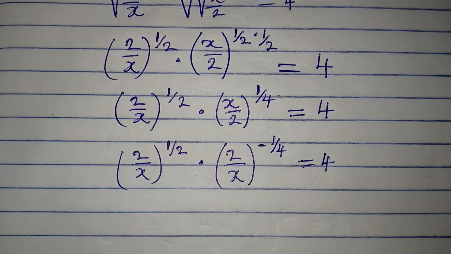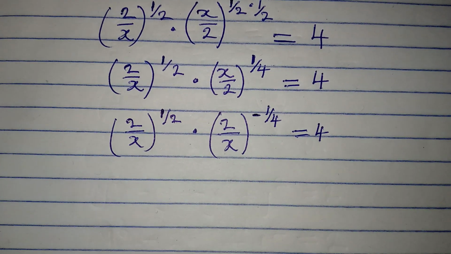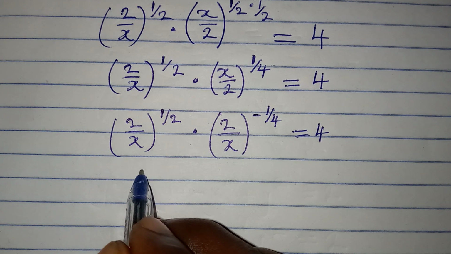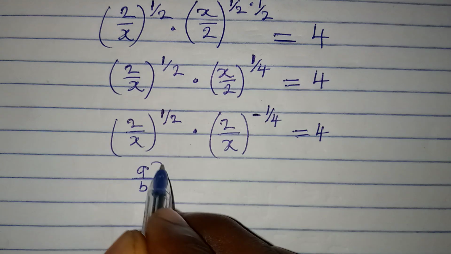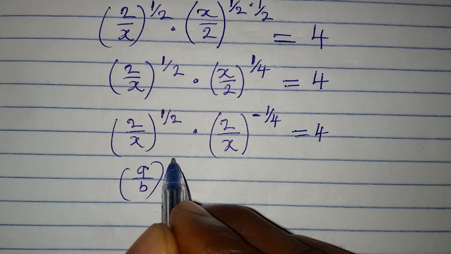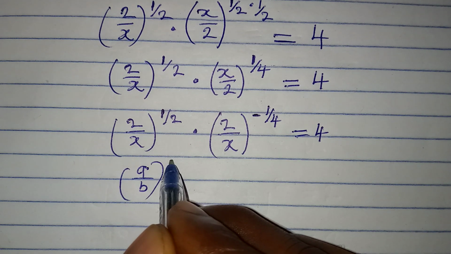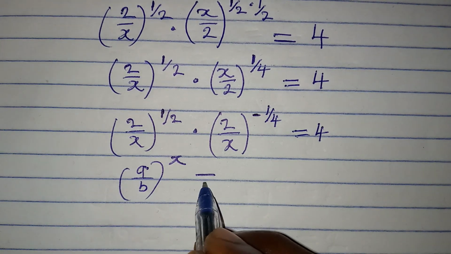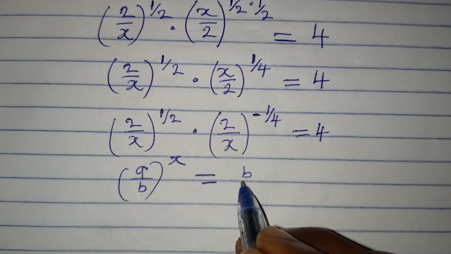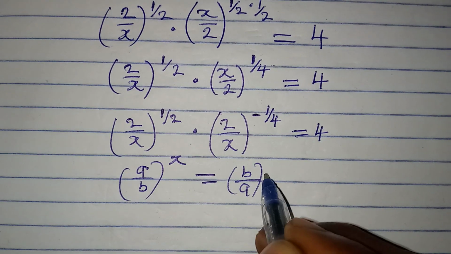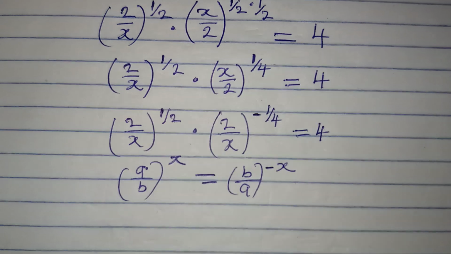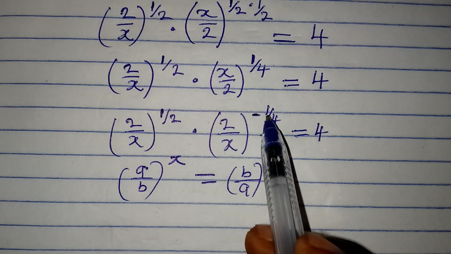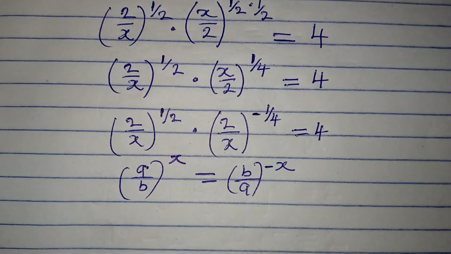I'm following the law of indices that says a over b to the power of x is the same thing as b over a to the power of negative x. If you turn it around, you have a negative power. So that's what I did to this middle term.